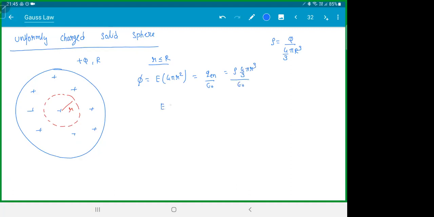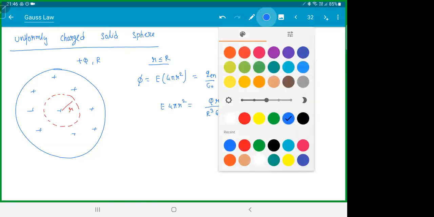This turns out to be E into 4 pi r square. This will be Q small r cube by R cube epsilon. So this will be E is equal to KQ small r by R cube. Isn't this the formula inside a solid sphere? K is 1 by 4 pi epsilon.